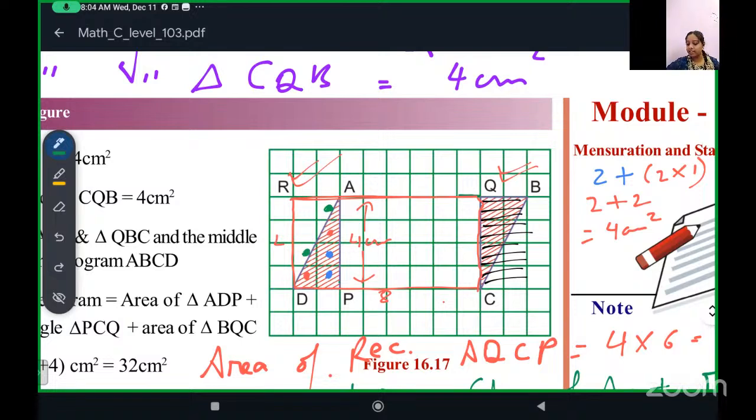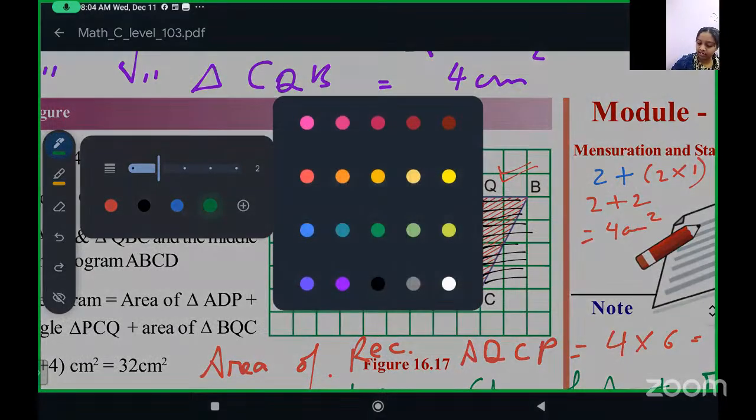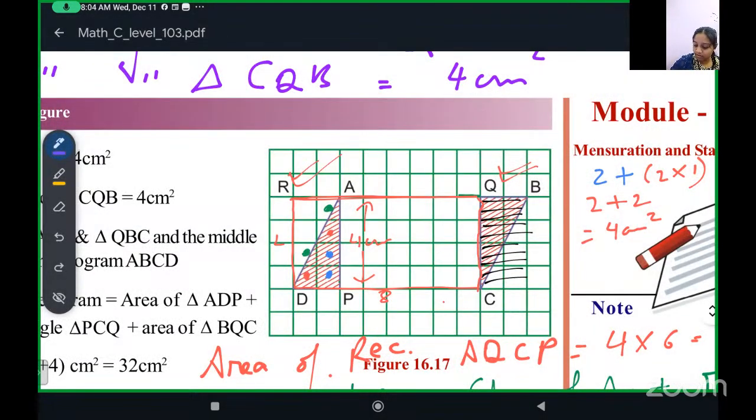You were saying to make it like this, this whole thing. So it becomes 8 squares. Divided by 2 gives you 4.